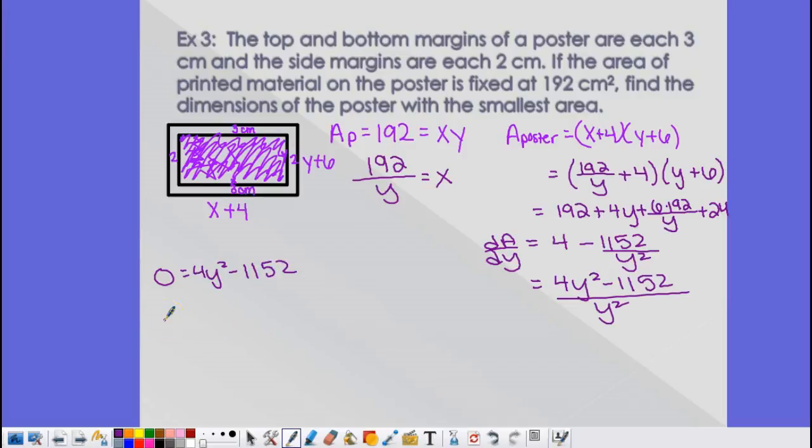Solve for y squared. So when you do that, 1,152 is a perfect square, 4 is a perfect square. So I end up getting 34 over 2, which is 17.